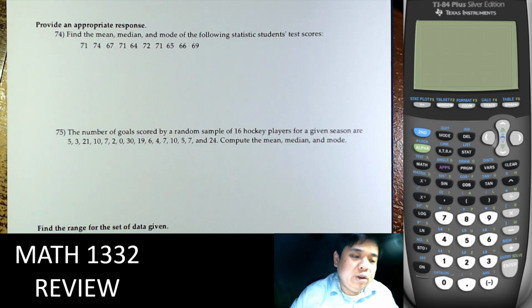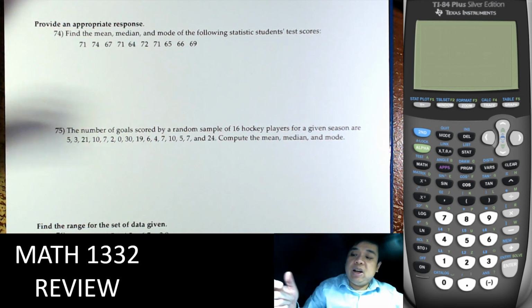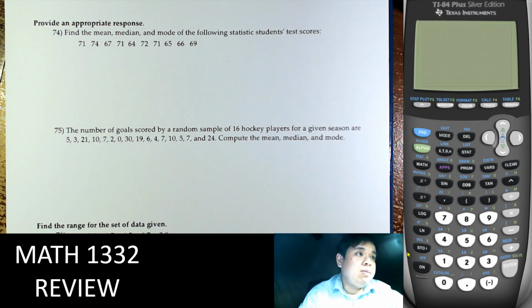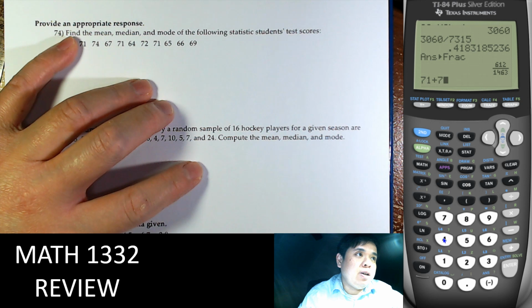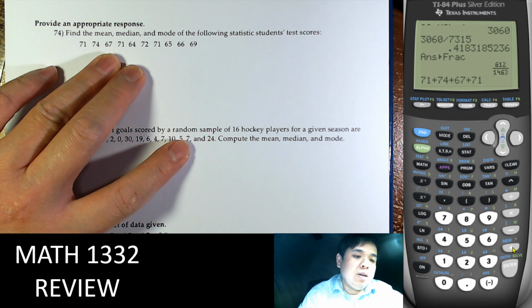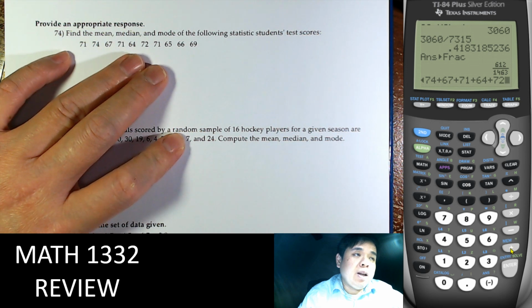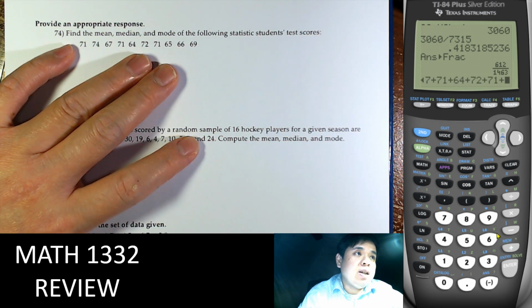Right. Next we find the mean, the median, and the mode for the following statistic. That's very simple. The mean, just calculate, add all of them up, divide by how many we have. 1, 2, 3, 4, 5, 6, 7, 8, 9, 10. So there are 10 of them. So we're just going to add 10 of them: 71 plus 74 plus 67 plus 71 plus 64 plus 72 plus 71, 65, 66, and 69.